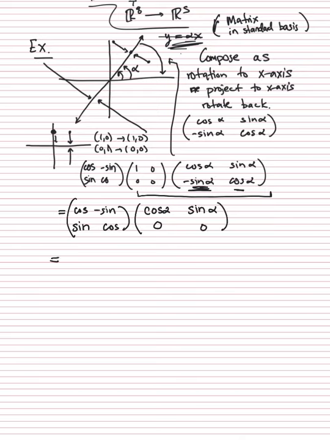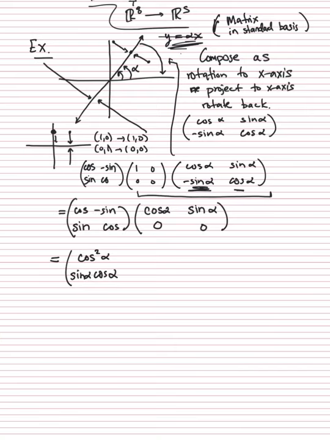Now again we do the matrix multiplication here. So we want to see what this matrix does to cosine alpha. This will give us the first column, and it's precisely cosine squared alpha, sine alpha cosine alpha.